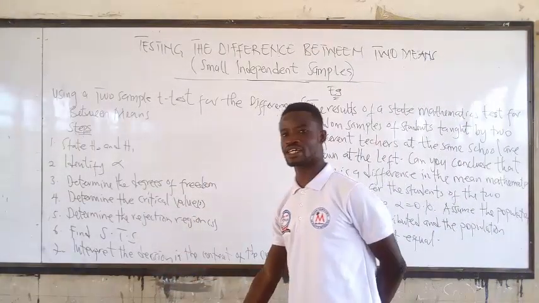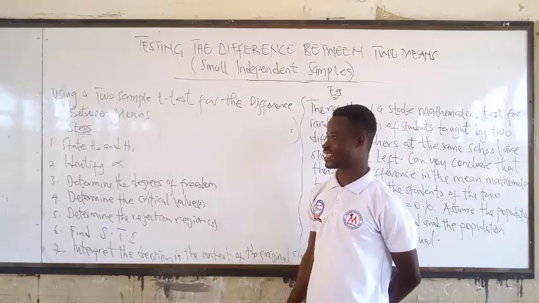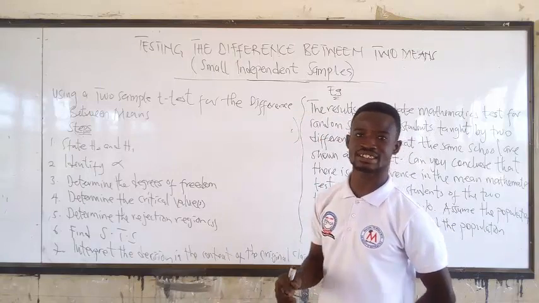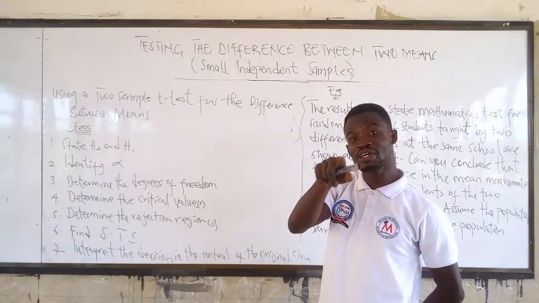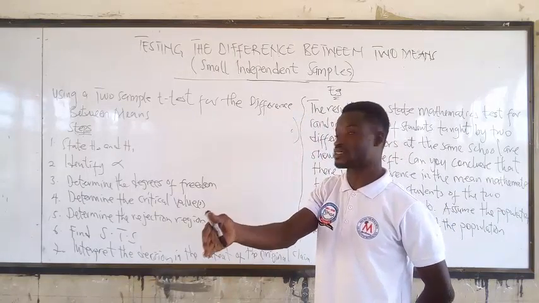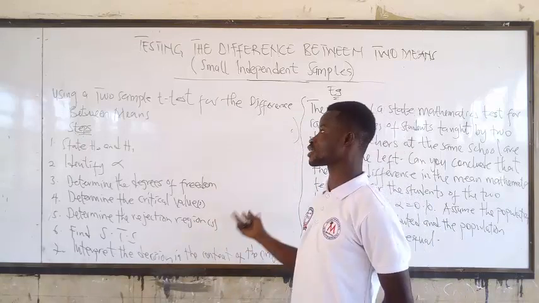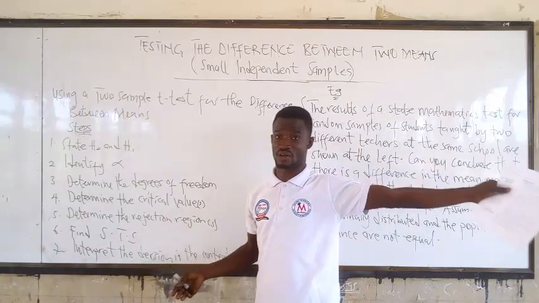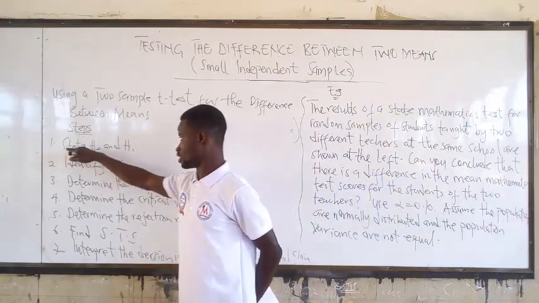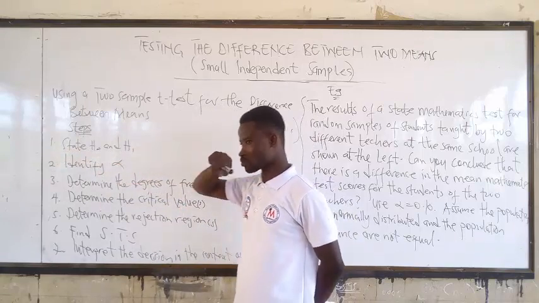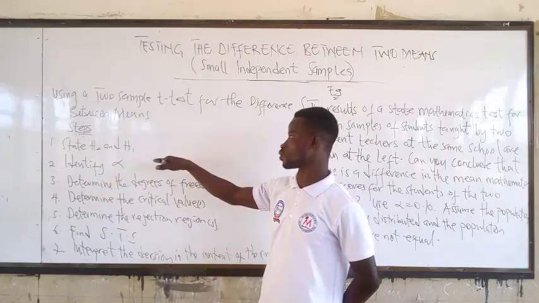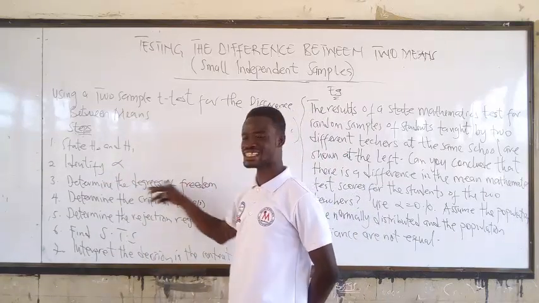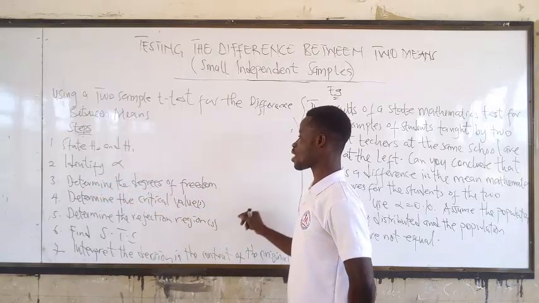Alright, so maybe you don't know what is going on here. This is what is going to help you, using the 2 sample t-test. Why is it a t-test? Because our sample size will be less than 30. For the difference between the 2 means, the first step is related to what we have done already. You will state the null hypothesis and the alternate hypothesis. Then you identify your alpha. Thirdly, you determine the degrees of freedom.